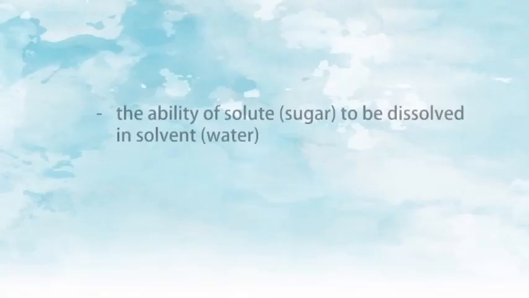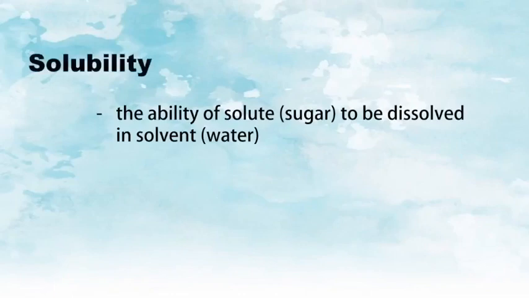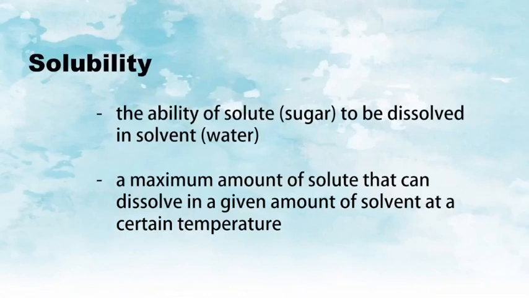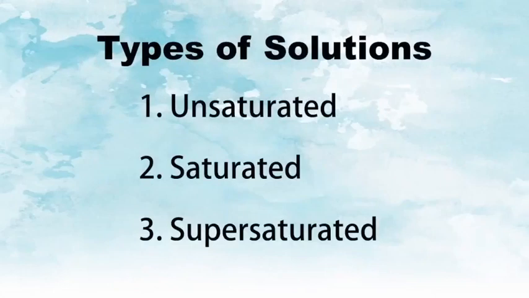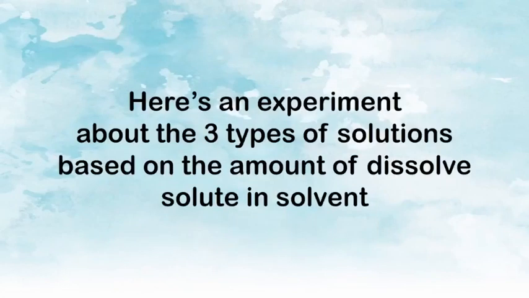The ability of solute to dissolve in solvent is what we call solubility. Solubility is a maximum amount of solute that can dissolve in a given amount of solvent at a certain temperature. The amount of dissolved solute produces three types of solutions. Here's an experiment about the three types of solutions based on the amount of dissolved solute in solvent.